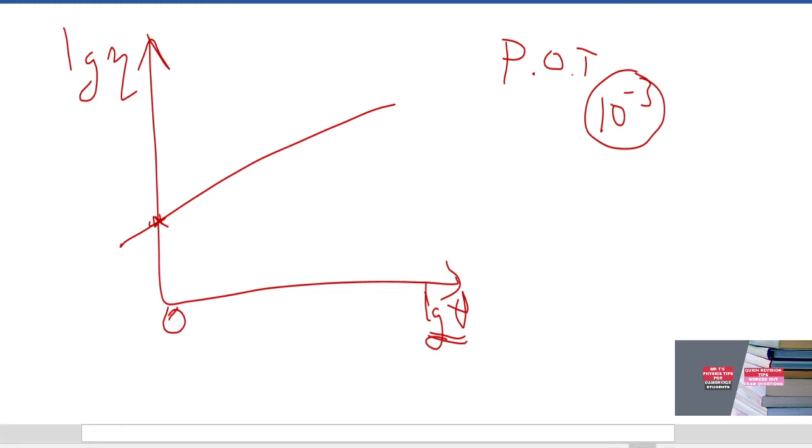If this is starting from 0, then automatically this is going to be log p. Normally in this paper, they already give you figures, so the scale you're going to use is already determined. It's going to be easy for you to plot the graph. Now, for the line of best fit, you should have a balance of points at the top as well as at the bottom.